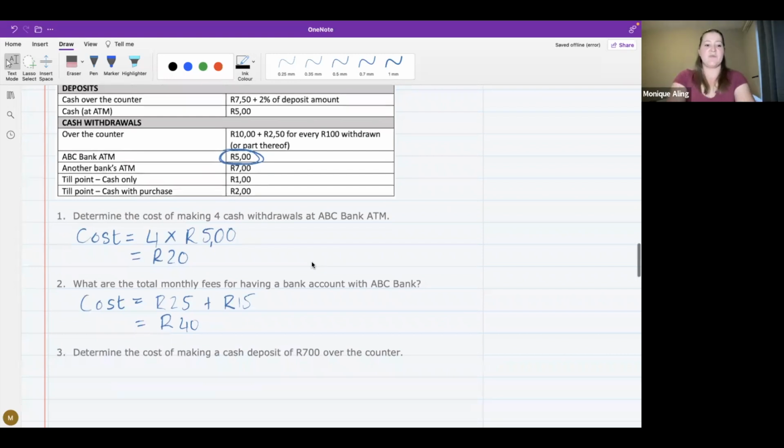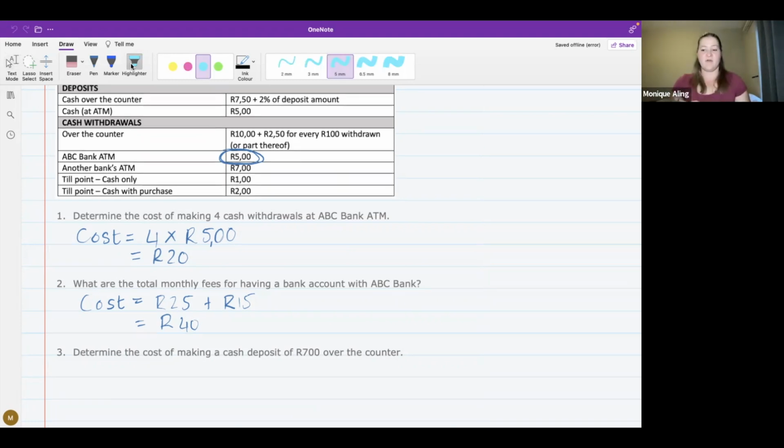Okay, so cash deposit over the counter. Nice, you guys are getting this. Good, good. Wow, you guys are really picking up on it quite quickly.